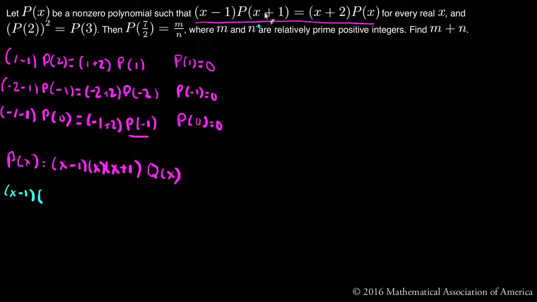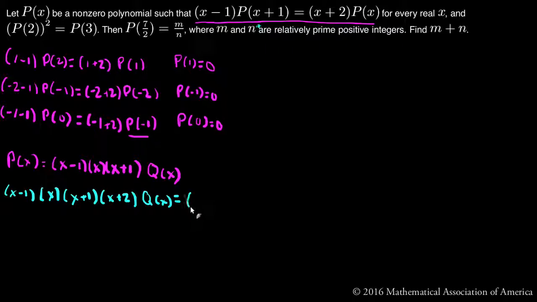and then p of x plus 1 will be x plus 1 minus 1. So I have x plus 1 minus 1, which is just x, times x plus 1, times x plus 2, times q of x. And this says that's equal to x plus 2 times p of x.